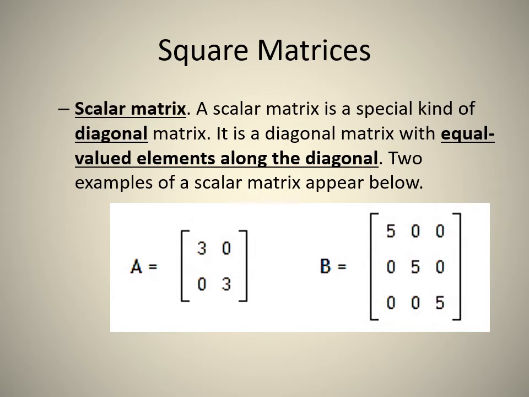And in the case of matrix B, you will see that on the diagonal you have exactly the same number, 5, and then obviously on the off diagonals the zeros. So this is then called a scalar matrix. It's a symmetrical, square matrix, but on the off diagonals you will have zeros.